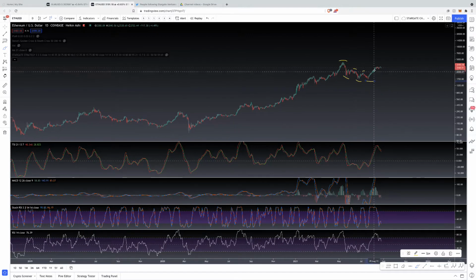Then we actually made a higher high right here with a higher low, but on the macro structure we're still making a lower high. So we need to have this come up, hold this level, come up, make a higher high than this one, maybe come back down, retest it, make a higher low, and then we'll continue to march up.